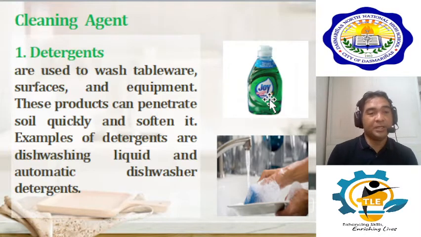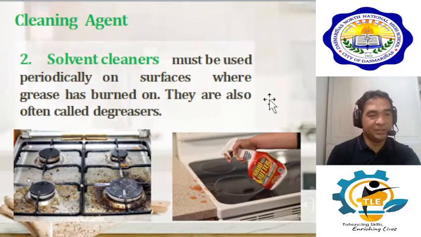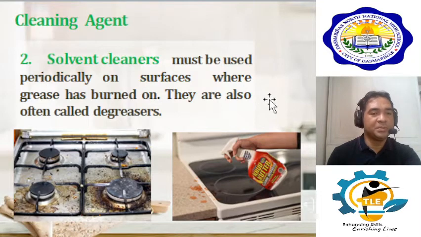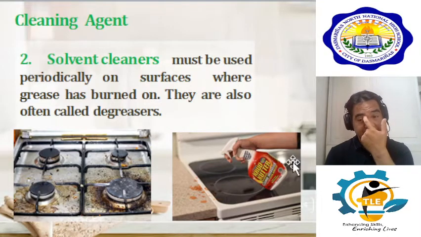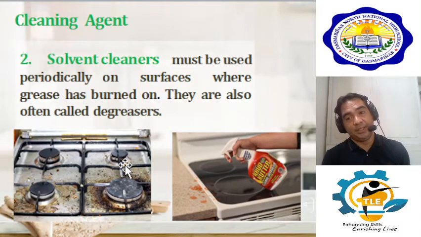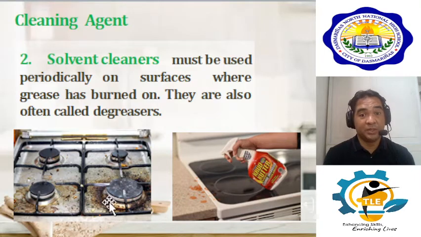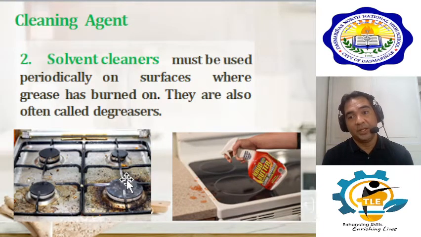All right, moving on to the second cleaning agent, solvent cleaners. Now, what are they? And how we must use them? We must use them periodically on surfaces where grease is deposited or got burned on. As you can see in this example, the burner is surrounded by grease.